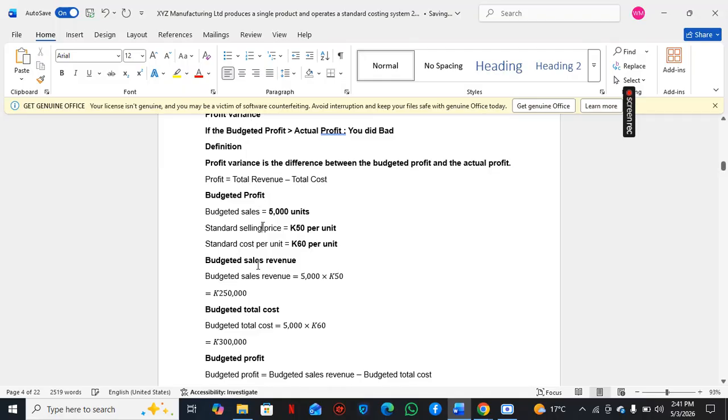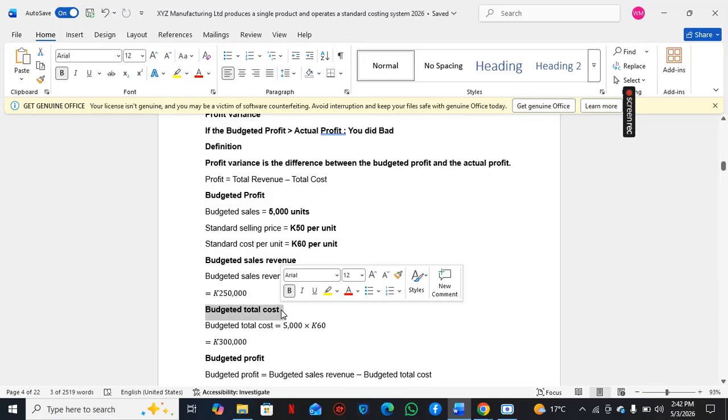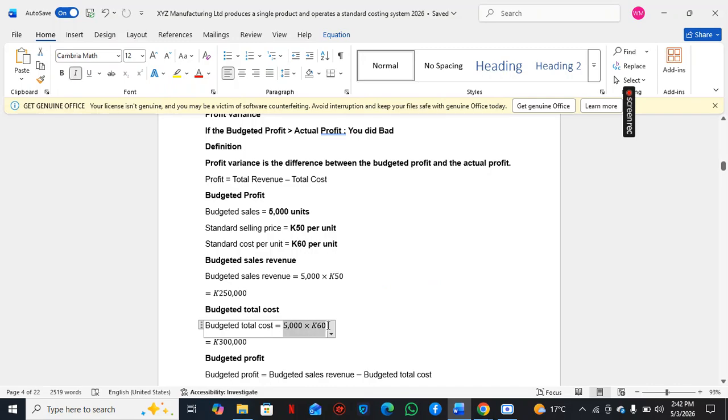So our budgeted sales revenue is 5,000 times 50 kwacha per unit, 250,000 kwacha. Budgeted total cost, 5,000 times 60 kwacha per unit. Because remember, sales revenue is budgeted selling price times budgeted quantity.